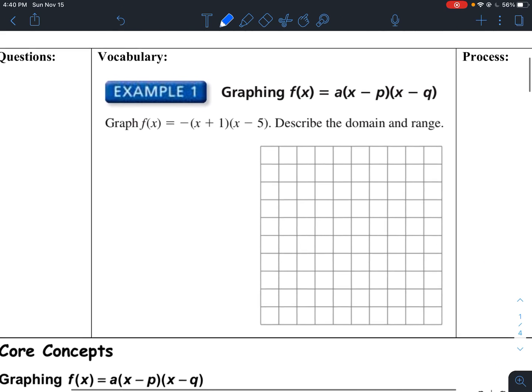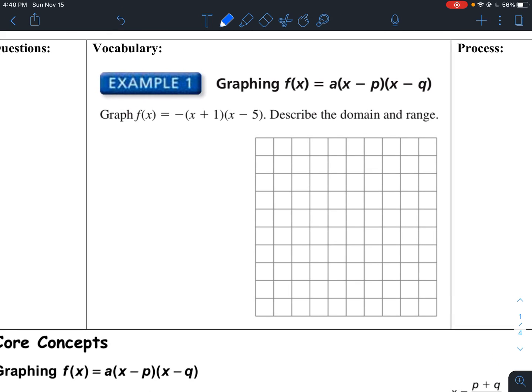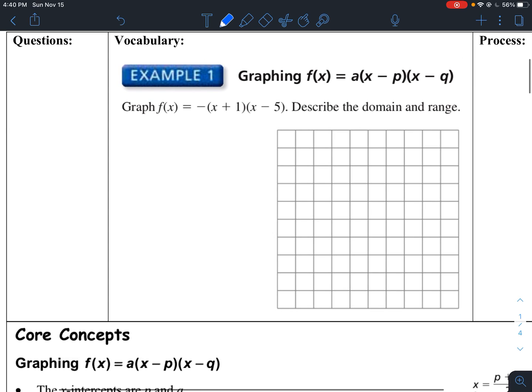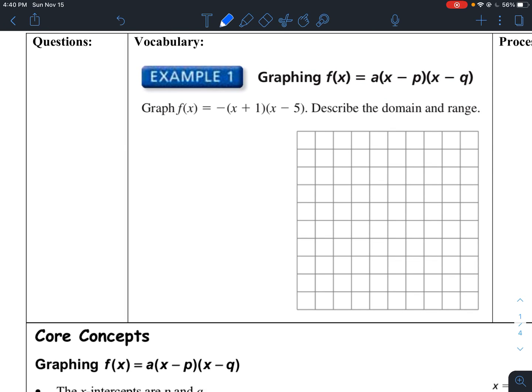So just for example, for this first function right here, if we're going to graph this quadratic, which is in factored form, I can show you that if I multiply this binomial and this binomial together, I get x squared minus 5x plus x minus 5, which is x squared minus 4x minus 5.